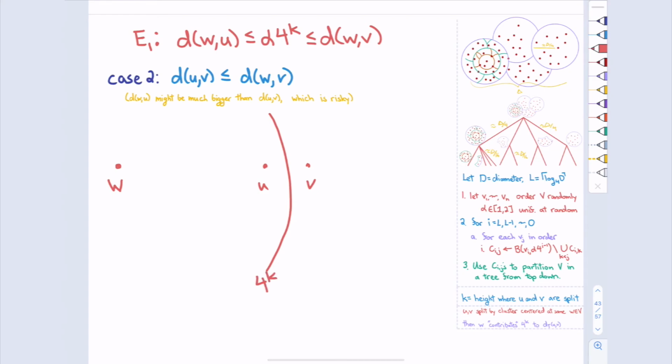So if this was like 4 to the k distance away from W, then alpha times 4 to the k, or 2 times 4 to the k, is the maximum range for alpha, and alpha is somewhere in the middle.